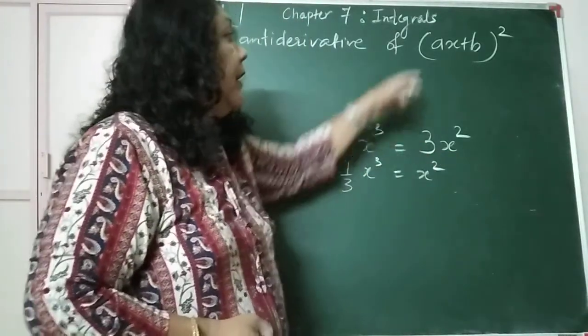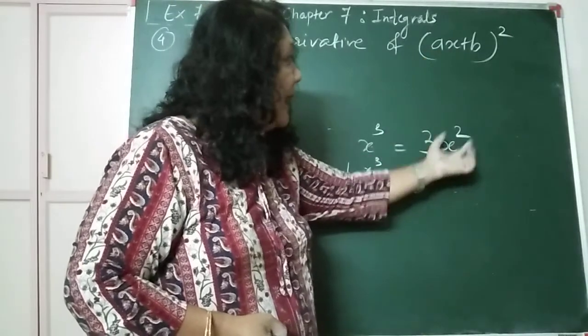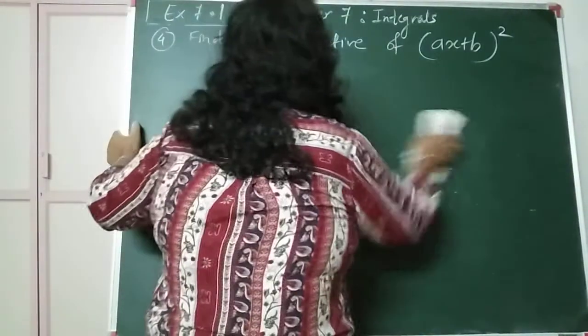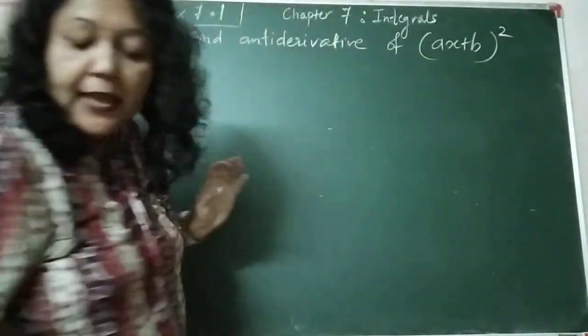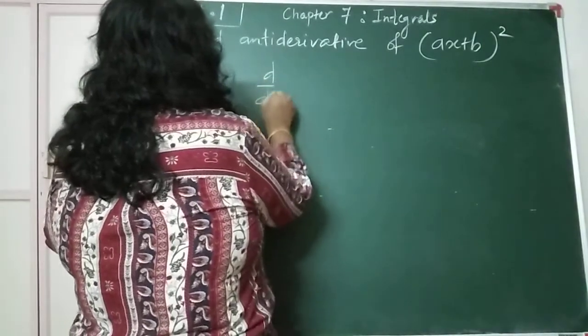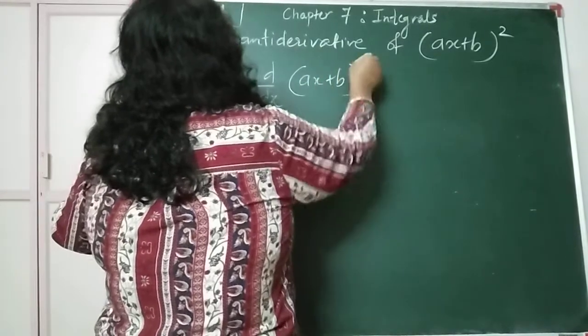Therefore, in my answer, instead of x, here the full bracket is there. So what I do is I differentiate the cube of the bracket. I differentiate d by dx of (ax + b) whole cube.